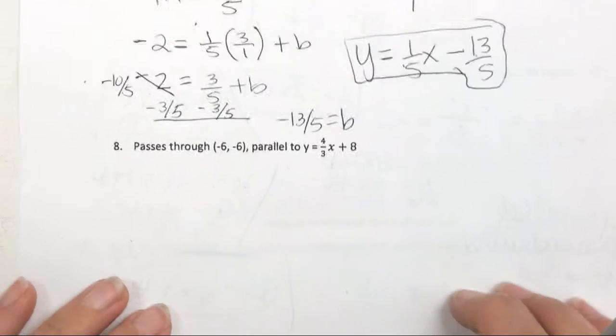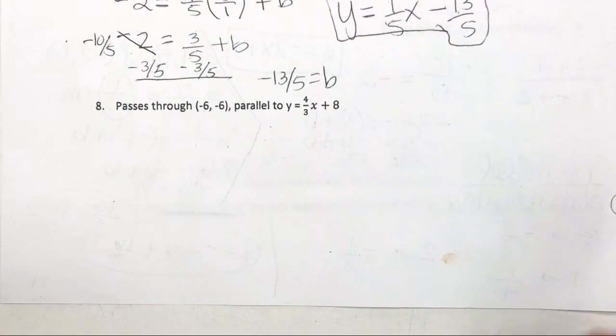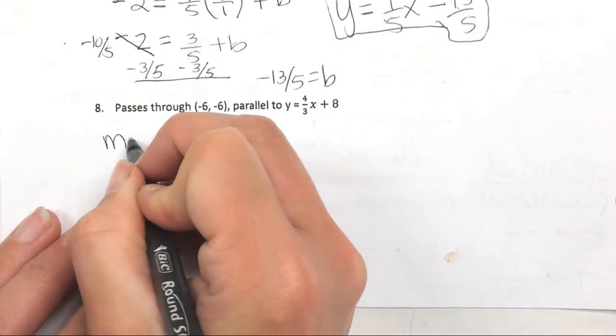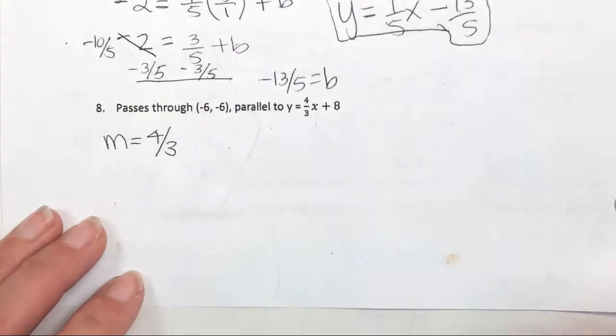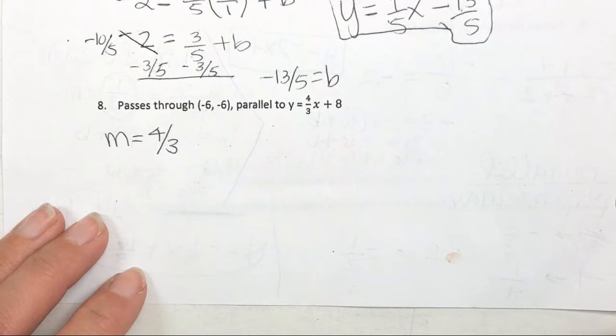Alright, last one. So this one is parallel to this line, so what's going to be my slope? 4 over 3. Perfect. Tell me how to set up the equation to find my y-intercept.